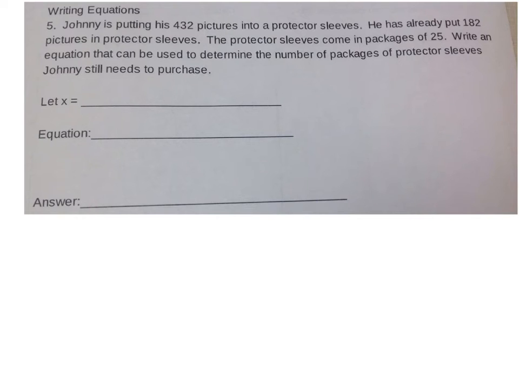So when we do these, we like to think, okay, well, first, what are we looking for? And we're trying to determine the number of packages. So the number of packages is going to be our x. You could even put number of packages of protector sleeves if you want it to be that way.